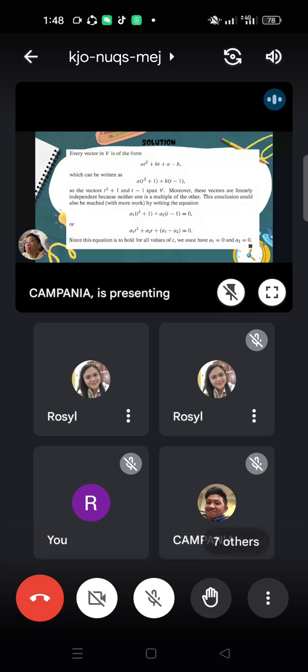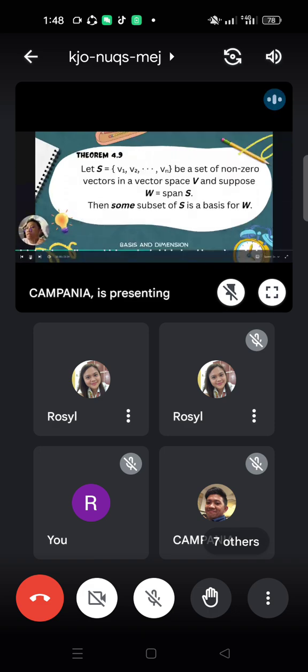So we must have a1 equal to 0 and a2 equal to 0. Now we have the theorem.